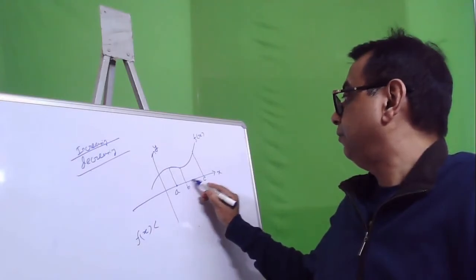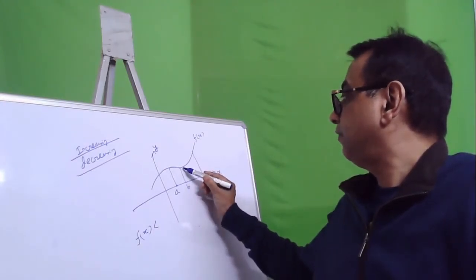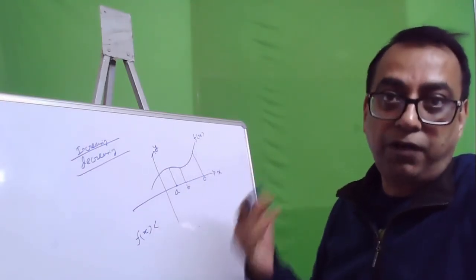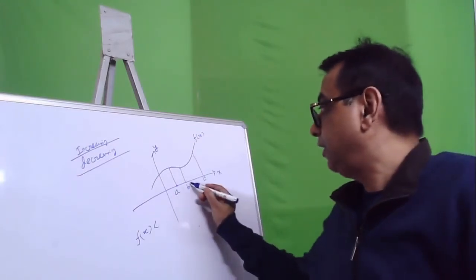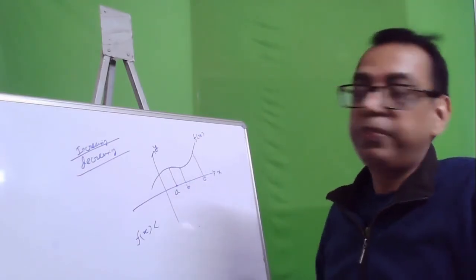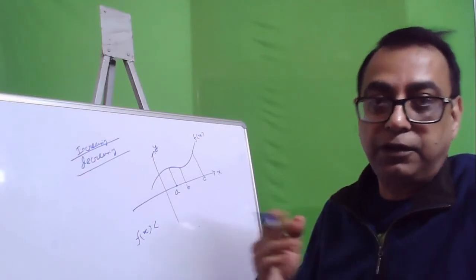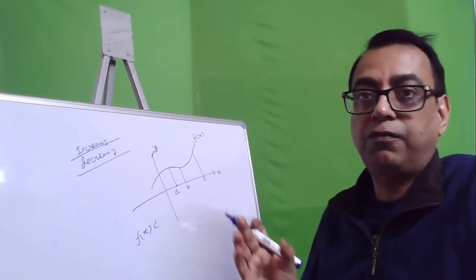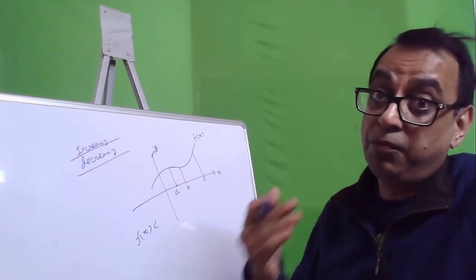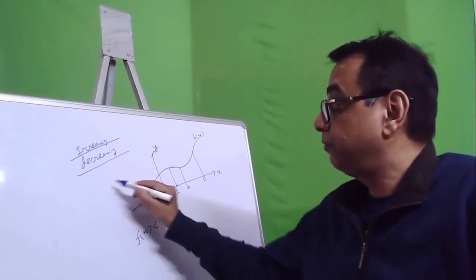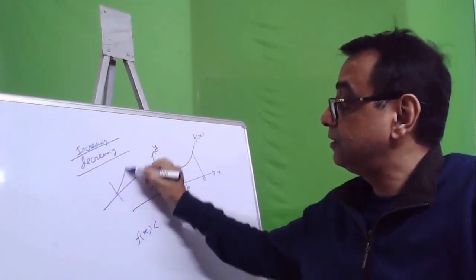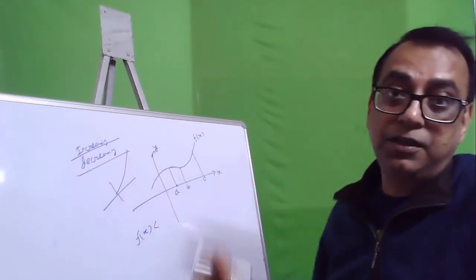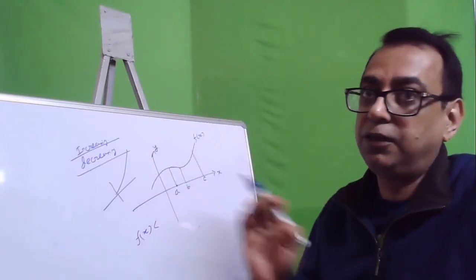And from b to c, in this interval, the value of y is increasing. So the function value is increasing in the interval b to c. So a function can have different kinds of combinations of intervals. It may be monotonic increasing, for example a function like this, which is increasing straight, there is no decrease.